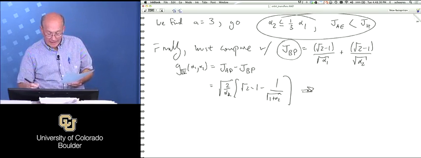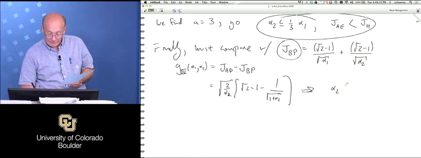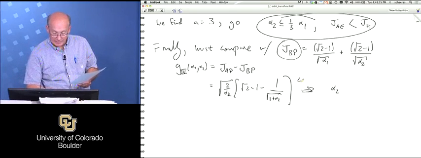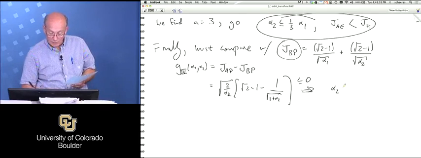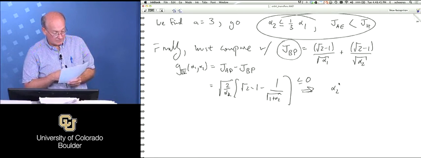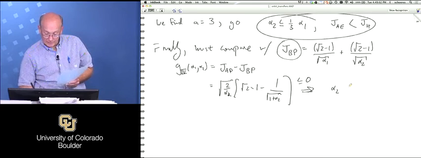And if you actually go through the math, we find again that this is less than or equal to 0 when alpha 2 is less than or equal to 4.83.